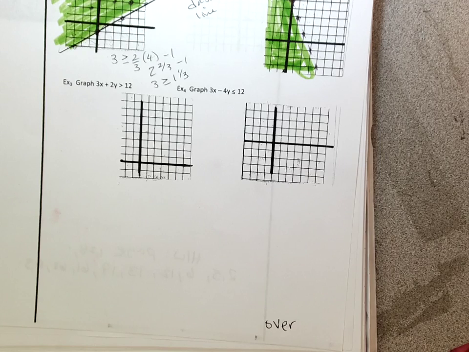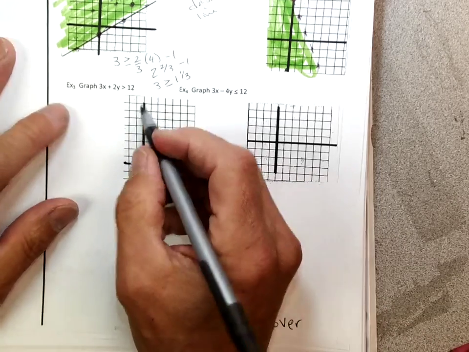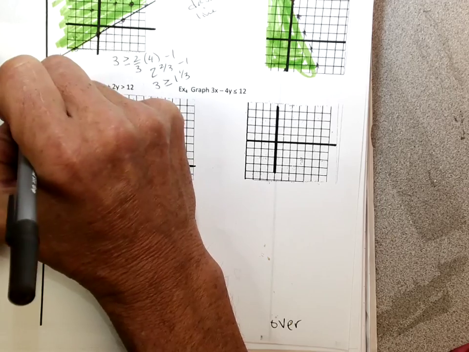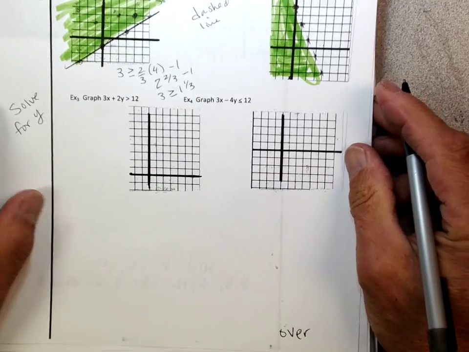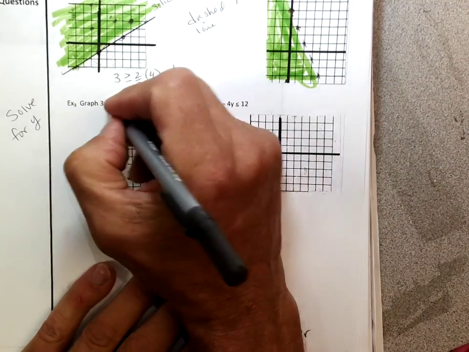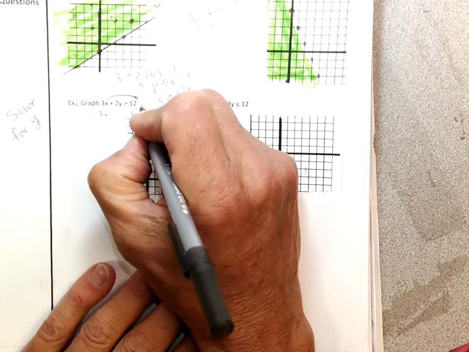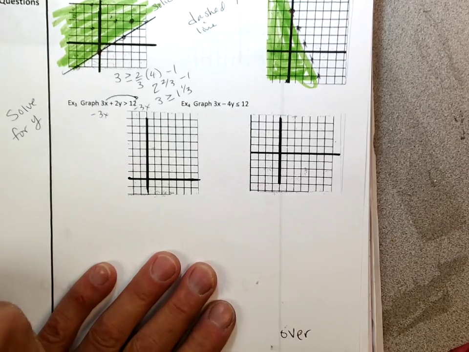Okay, example 3. In example 3, we're going to have to solve for y, because we need it to be y equals or y is greater than. So let's solve for y first, all right? I'll bring over the 3x, and the way I bring over 3x is minus 3x, right? I have to do that first.